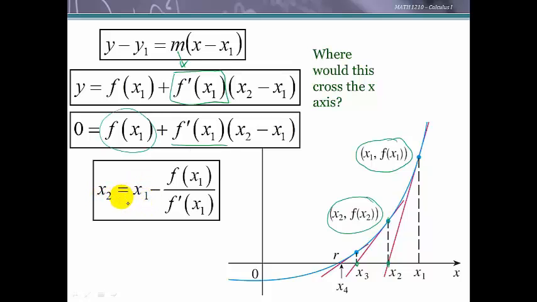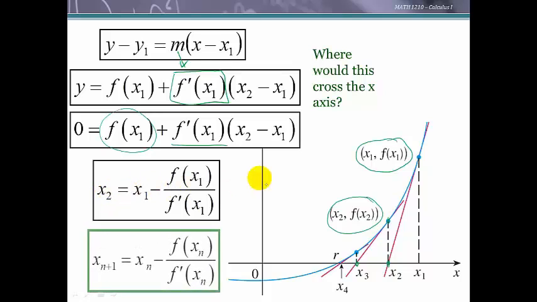So this would tell us how to get x2 when we had x1, the function at x1, and the derivative at x1 without having to officially think of the tangent to the curve, although that is what we did to get here. Well, then if we wanted x3, we could take x2 minus the function at x2 divided by the derivative at x2. And if we wanted x4, continue, so we could generalize this.